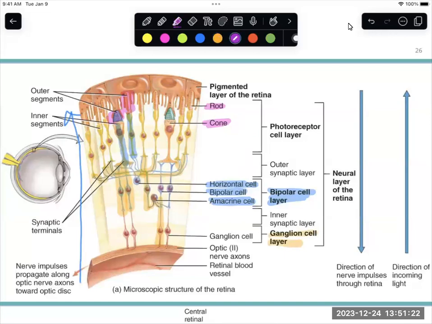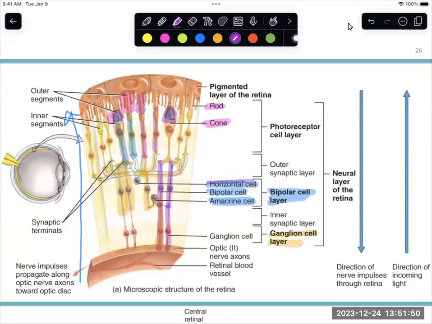If you kind of noticed these cones here, they attach directly to bipolar cells, which go directly to horizontal cells. These rods, they are going to attach to these horizontal cells. I think I said that wrong too.